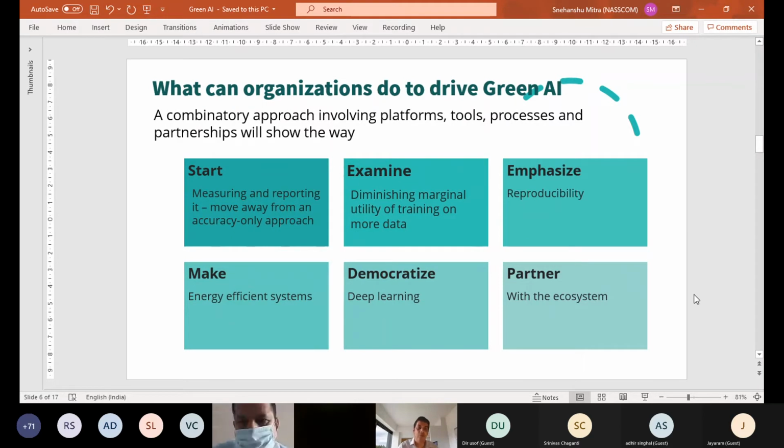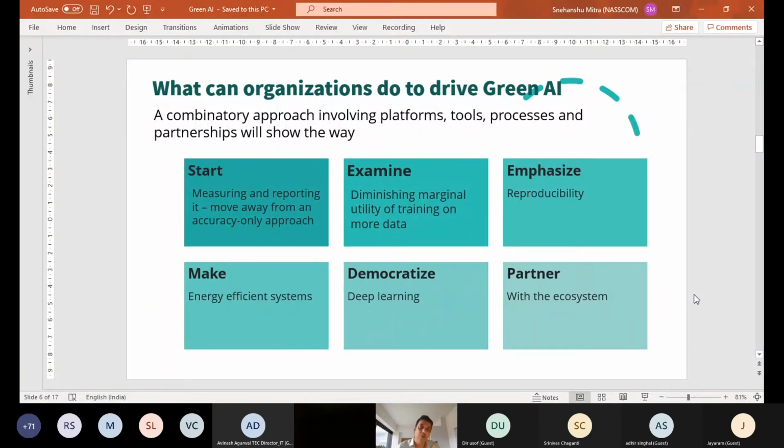I'll talk about the first. Let me just give you an overview. So the theory here is that it is important for you to start measuring and reporting it. Very, very important. And how does it build on your existing mechanisms? I'll try and talk about in a little while from now.